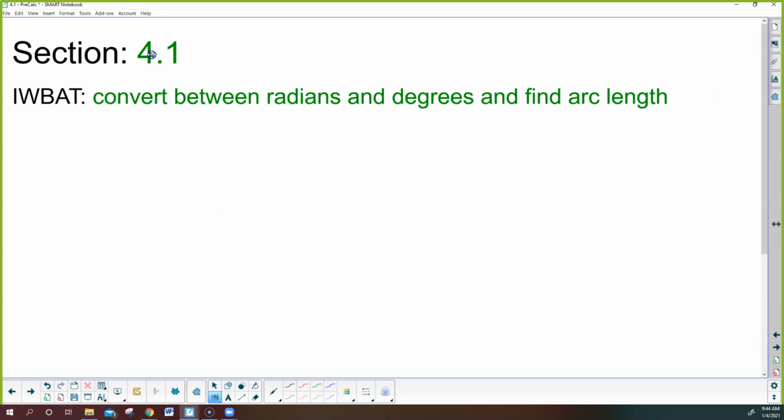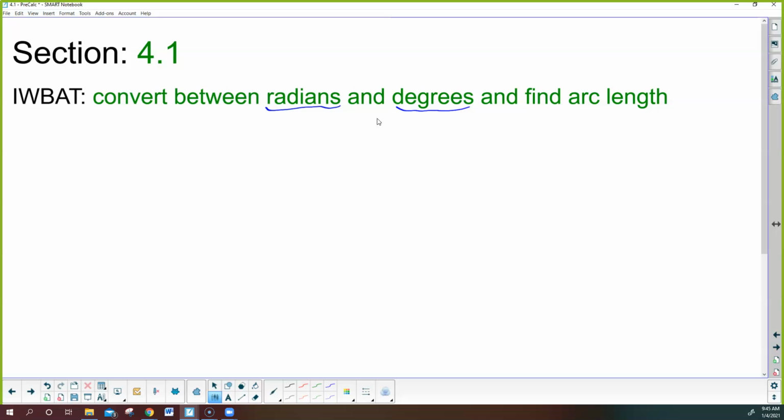All right, but we are going to start and talk about what is this whole idea of radians and degrees and degrees and radians, and why do we have different modes in our calculator? And what do they mean? So that's the first part of today, to distinguish the difference between radians and degrees, and we can convert between one measure and the other.